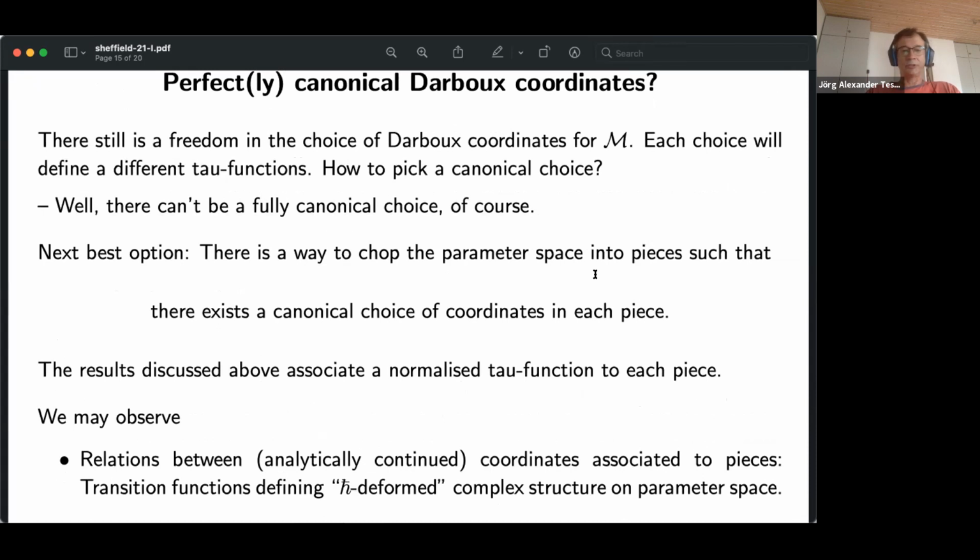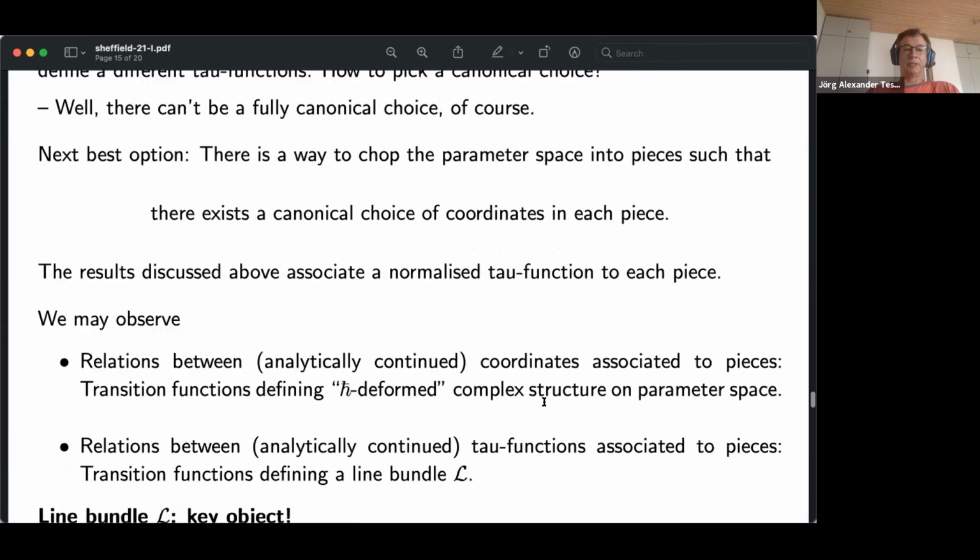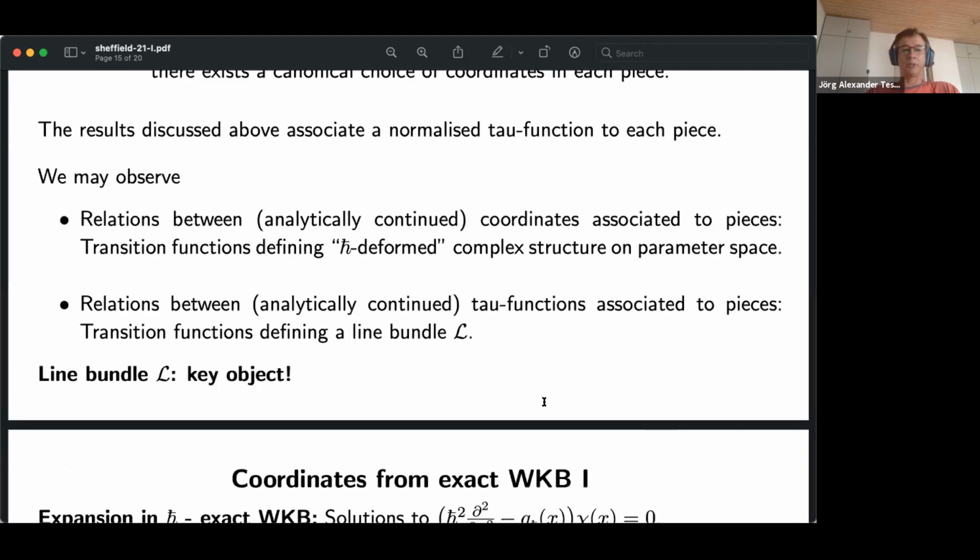And the question is, can we at least, I mean, there can't be a fully canonical choice of one system of coordinates. That's, of course, too much to hope for. But what you can hope for is to split the parameter space into pieces such that there exists a canonical choice in each piece. And this is what exact WKB does for us, as we want to argue, because it basically gives for each piece in the parameter space a preferred choice of Darboux coordinates that we can construct. That is part of our claims.